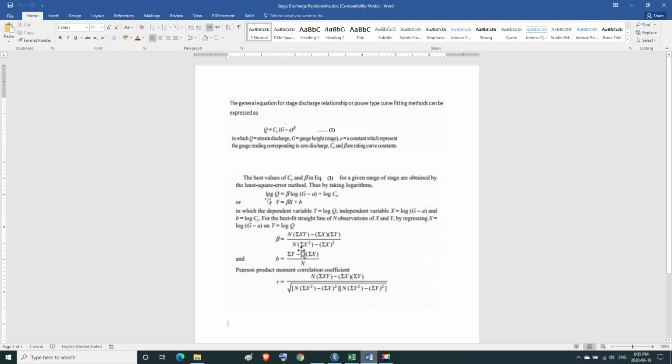Thus, by taking the logarithm, log Q equal beta log of G minus A plus log CR, or Y equal beta X plus B, in which the dependent variable Y equals log Q, the independent variable X equals log of G minus A, and B equals log CR, for the best fit straight line of n observed values of X and Y. Beta and B are equal as we see.